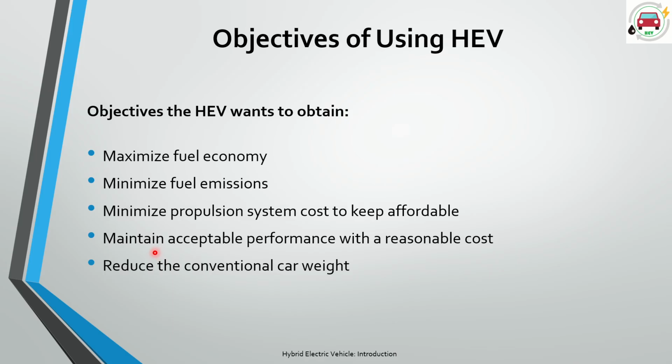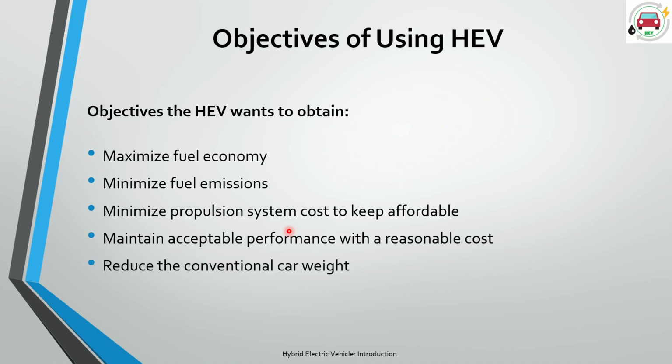Also to maintain acceptable performance at reasonable cost, this is also a main objective. So cost is the biggest objective we have. Economy is the biggest objective because everyone wants good things for less money. Okay, so everyone wants it.